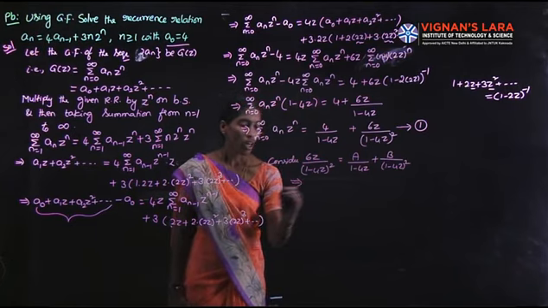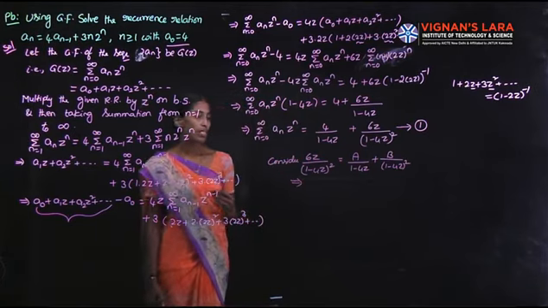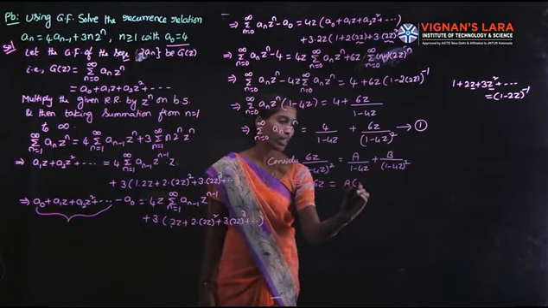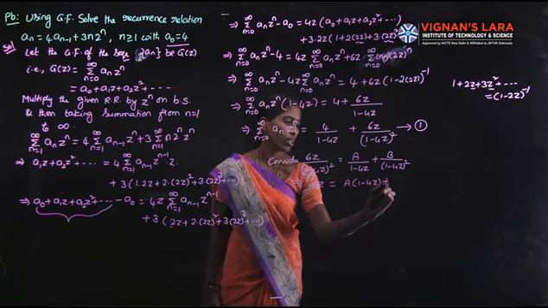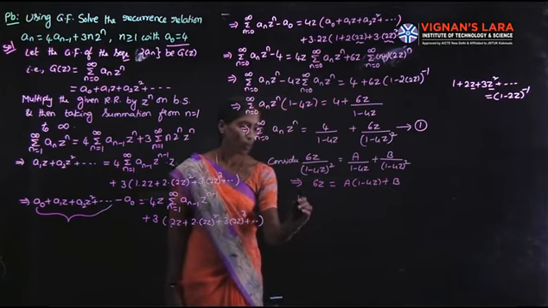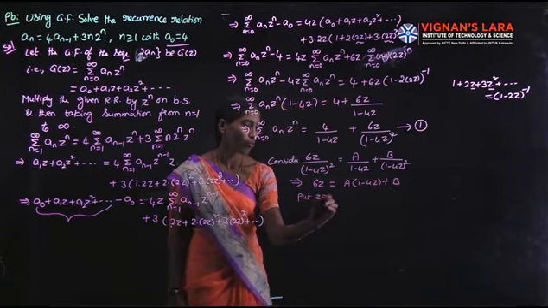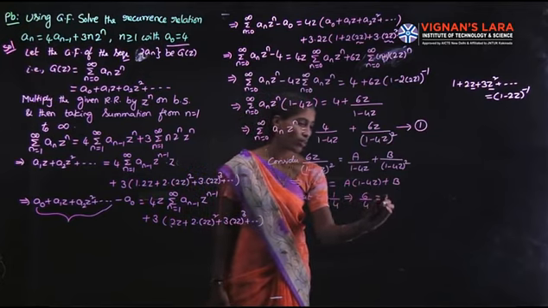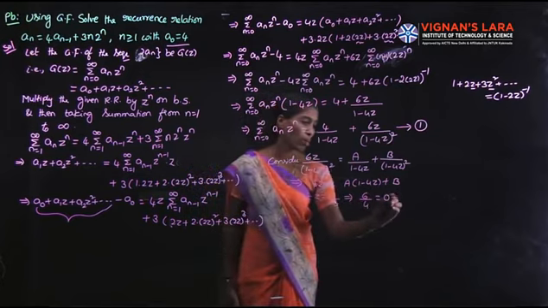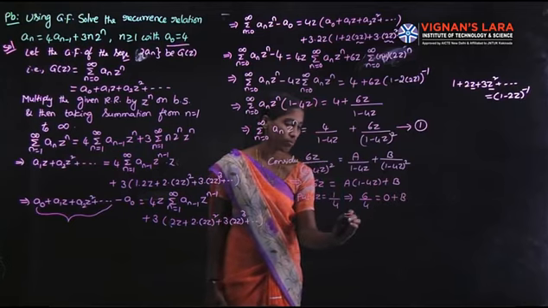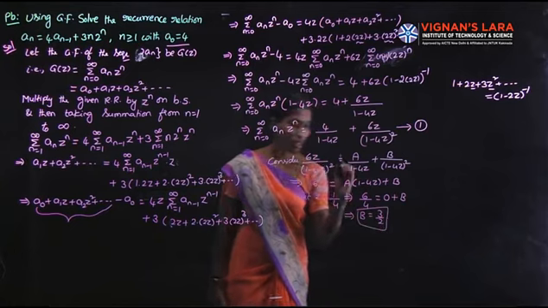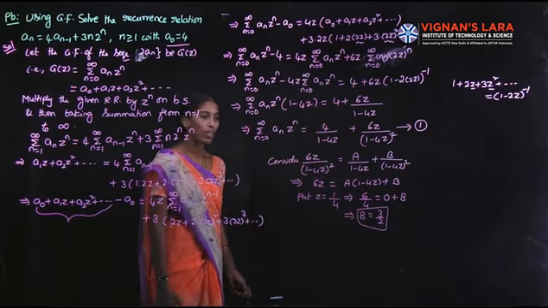Applying LCM on the RHS and equating both numerators, we get A into (1 minus 4z) plus B. Put z equal to 1 by 4. We get 6 by 4 is equal to the right side first term 0 plus B. So what is the B value? B value is 3 by 2, right?